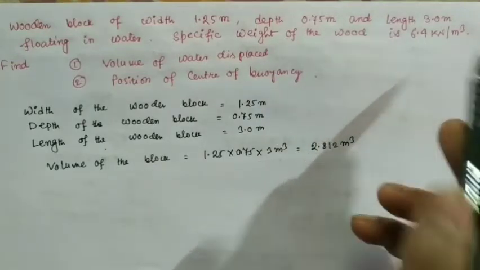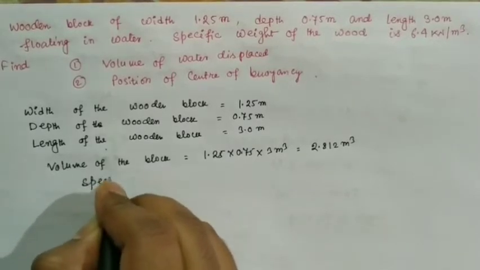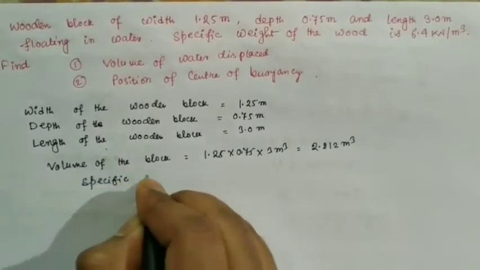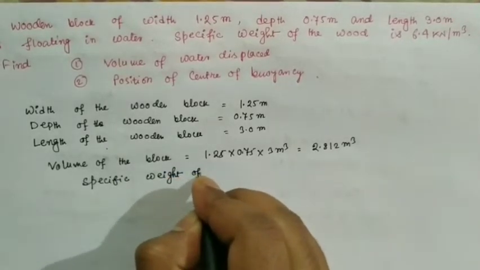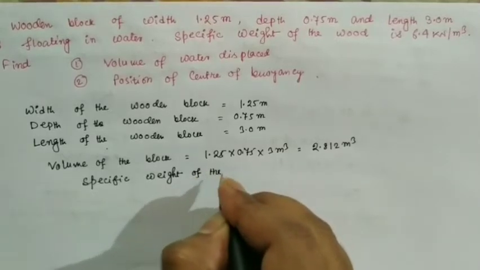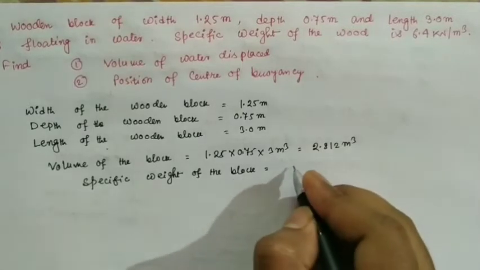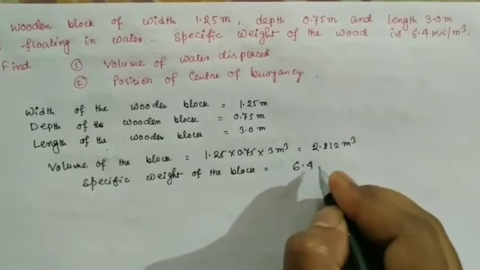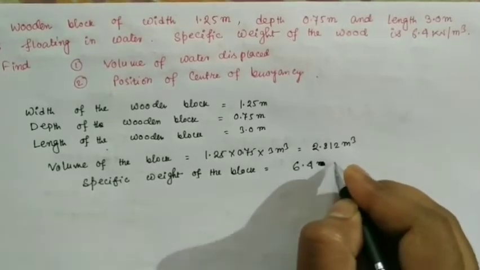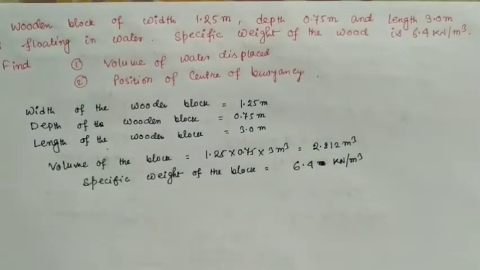And the specific weight of the wood, what is given in the question? 6.4 kilonewton per meter cube. Specific weight of the block, 6.4. Then what will be the weight of the block?